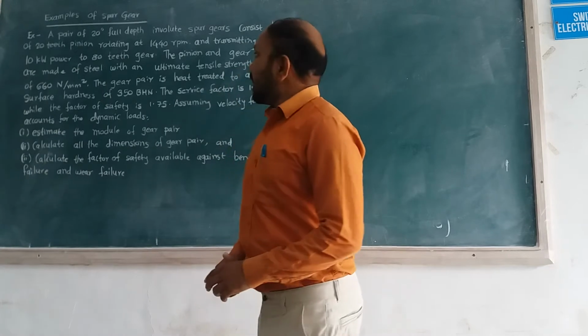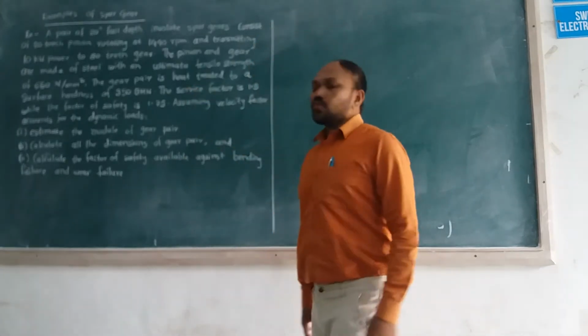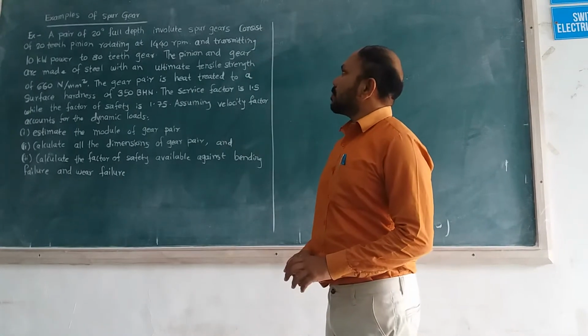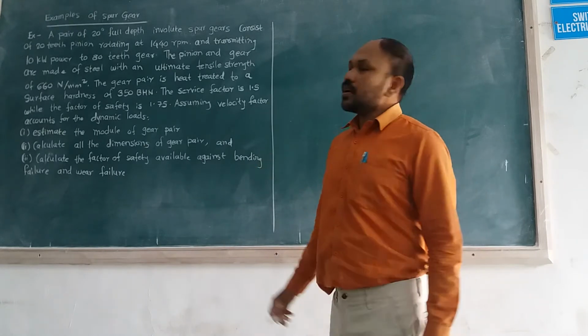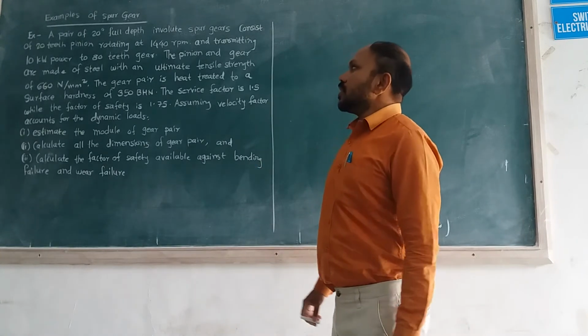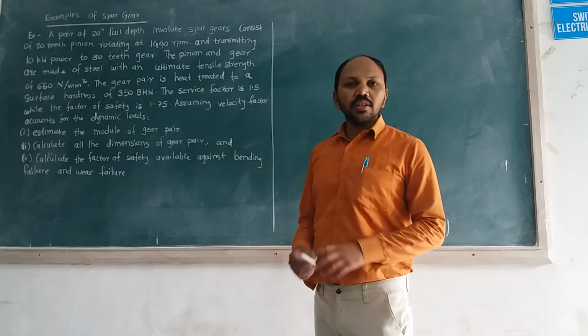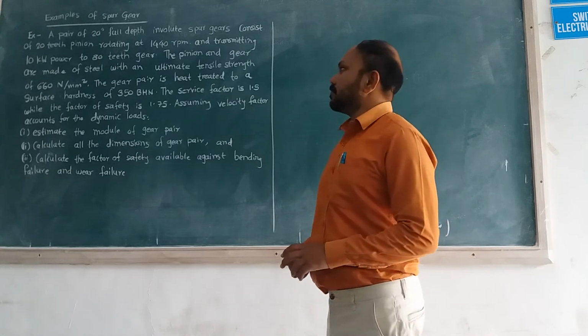So the example is: a pair of 20-degree involute spur gears consists of a 20-teeth pinion rotating at 1440 rpm.